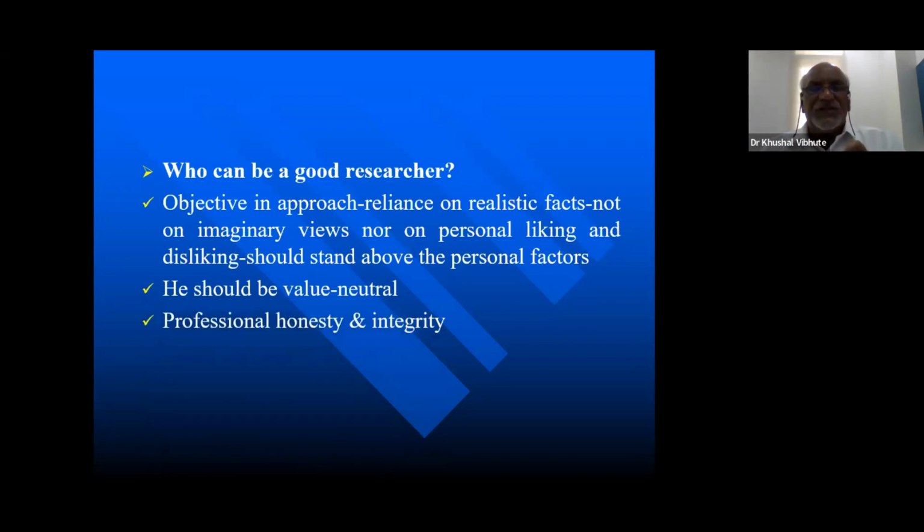Then the third thing which he needs to have is professional honesty and integrity. Whatever ideas he borrows from others and tries to develop, he must acknowledge the originator. That is what academic honesty and integrity require, and therefore you need to cite the authorities on which you rely or which you want to use in your research.